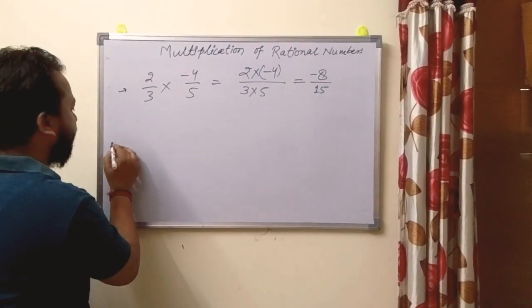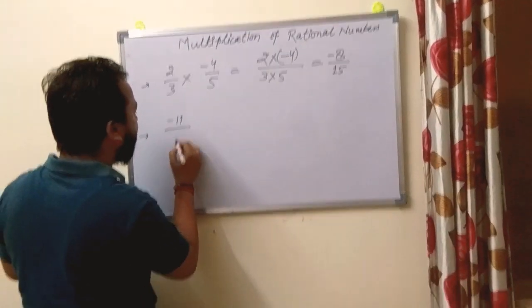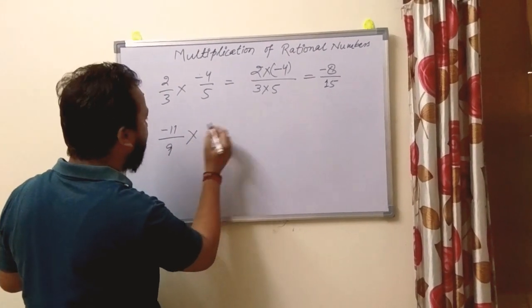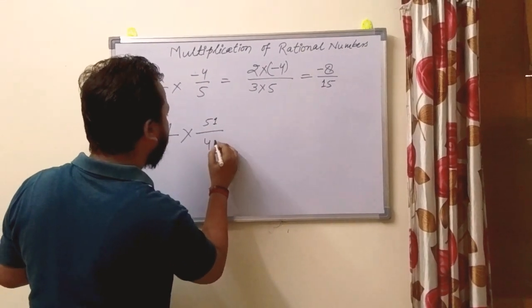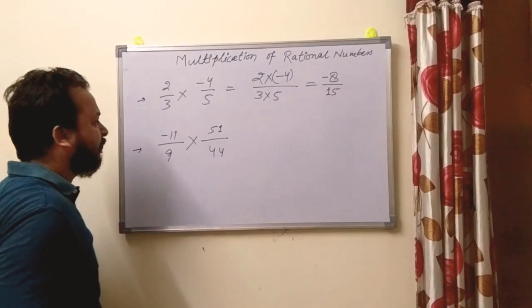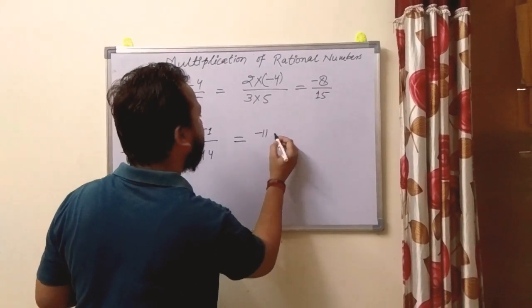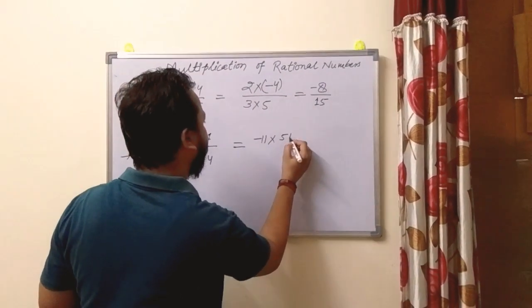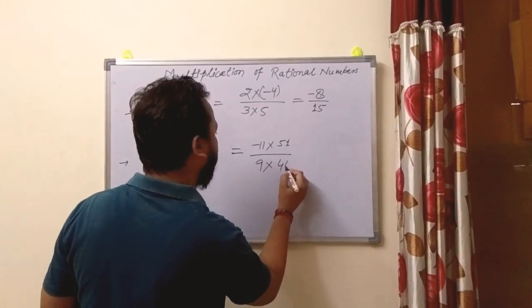Take one more example. Suppose this is given as minus 11 upon 9 multiplied by 51 upon 44. So minus 11 multiplied by 51 divided by 9 multiplied by 44.